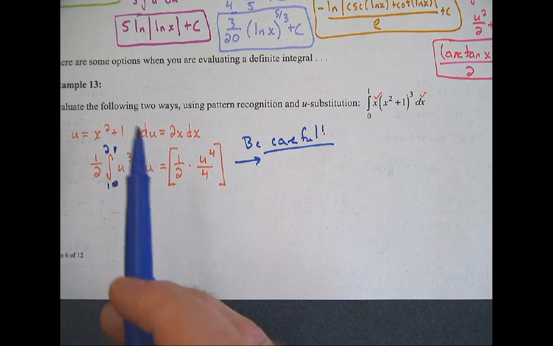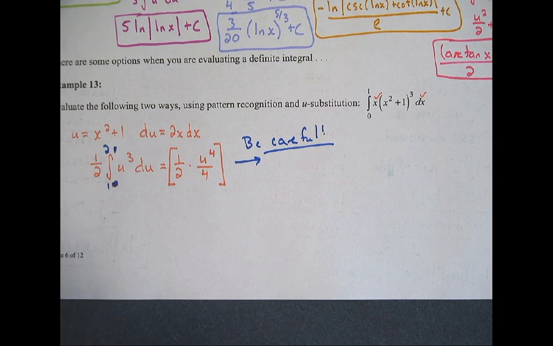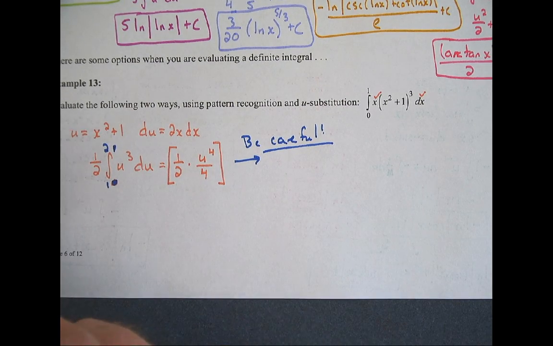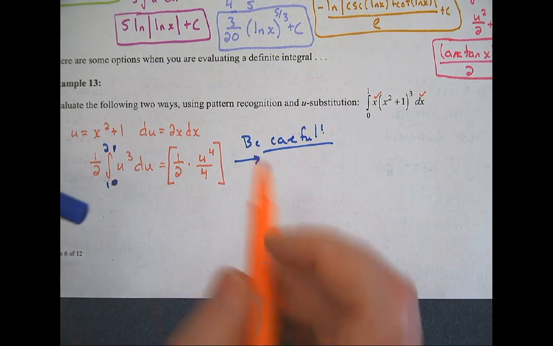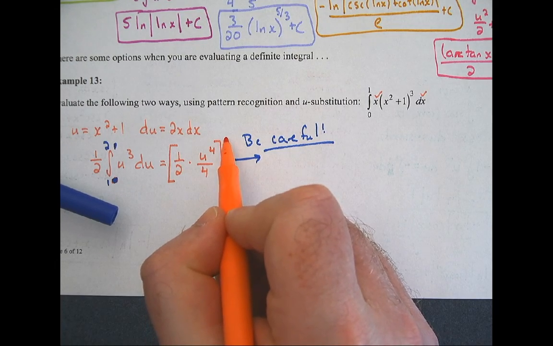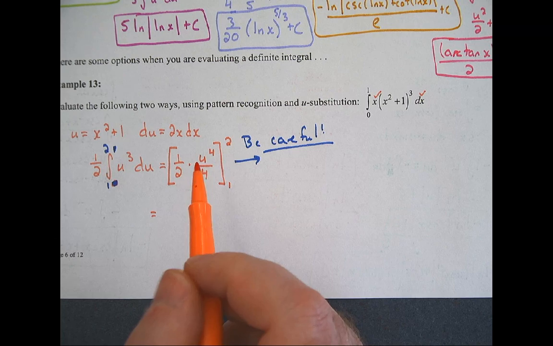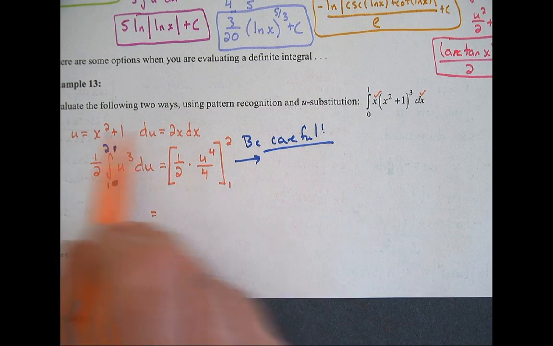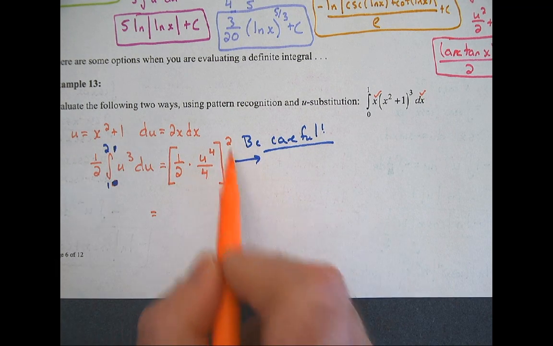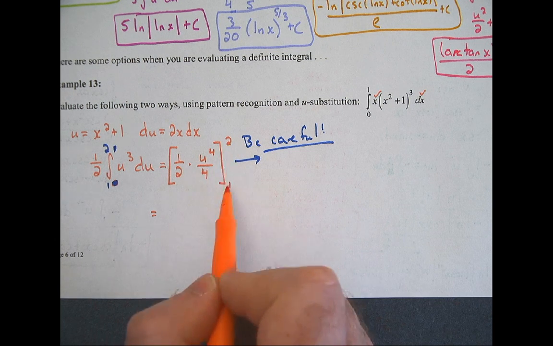Now, let's say we did this. Oh, we'll go ahead and finish this. So be careful. My limits go from 1 until 2, which would give me, now I don't have to plug back in this junk anymore. I don't have to finish this because I converted my boundaries. So now I can just plug these in for u.